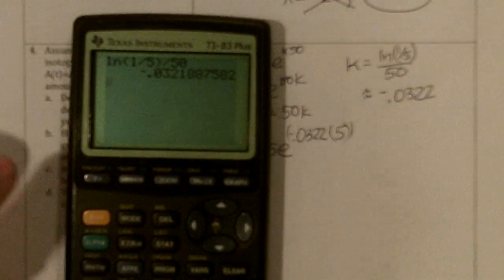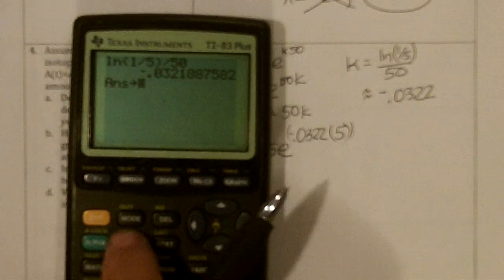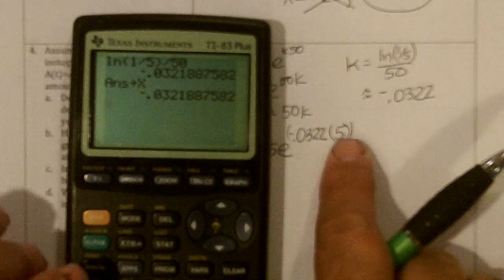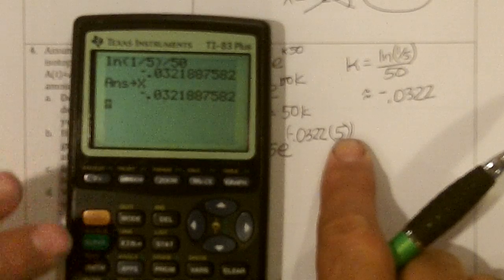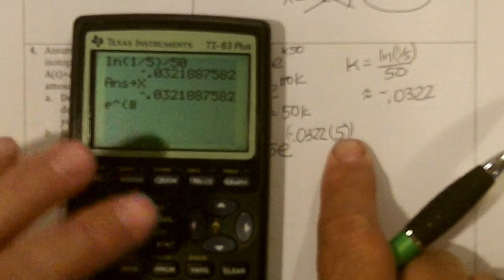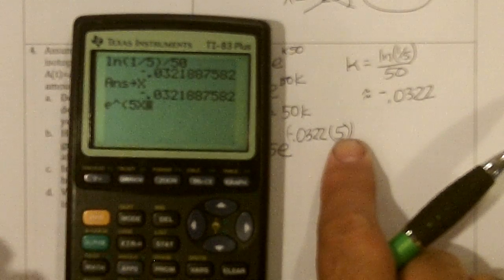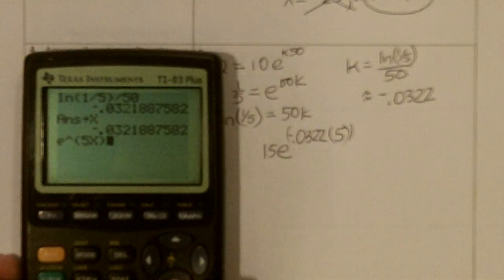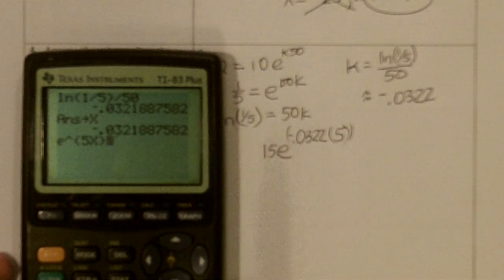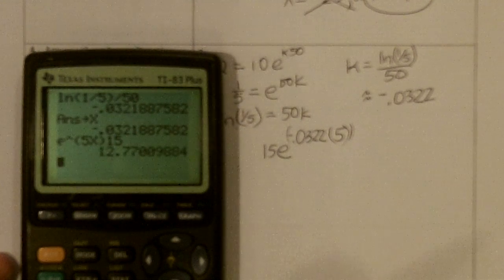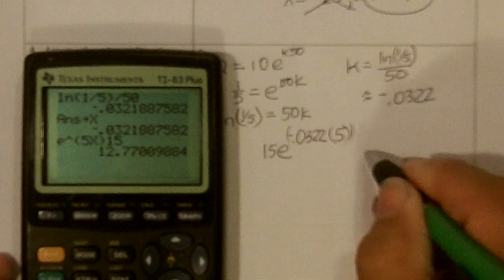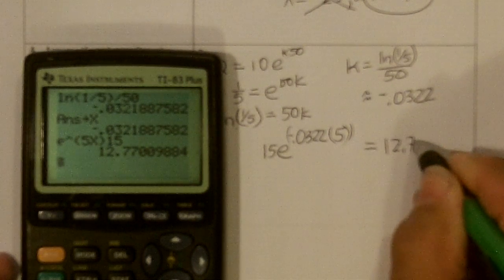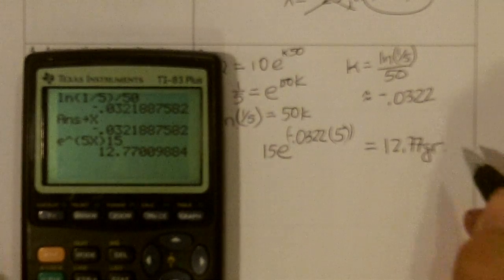I'm going to store the answer I got here in x so I have it for later. So 15 e to the 5x, that is 5 times the number I stored. And I get 12.77 grams.